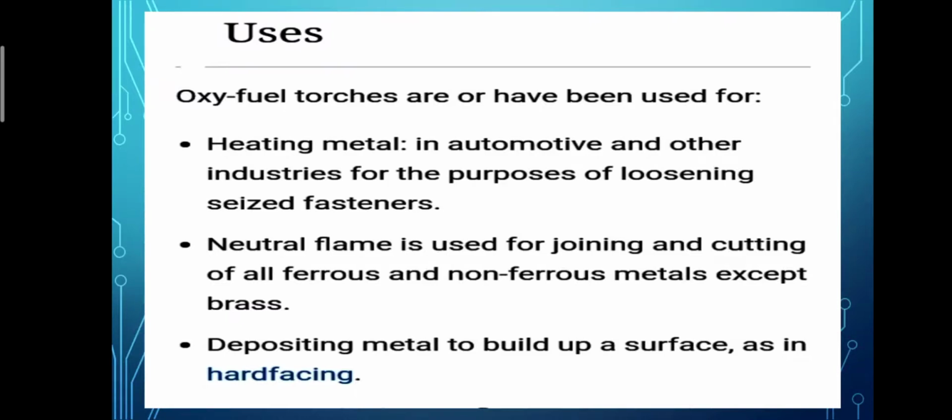Neutral flame is used for joining and cutting of all ferrous and non-ferrous metals except brass. Number 3, depositing metal to build up a surface as in hard facing. These are the uses of oxyacetylene flame in which oxygen reacts with acetylene.